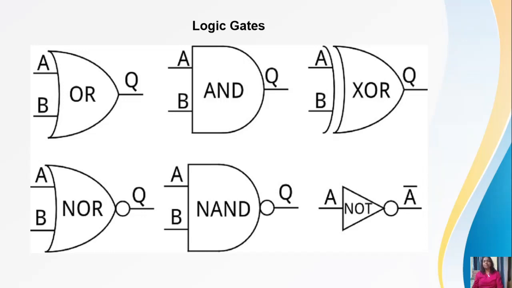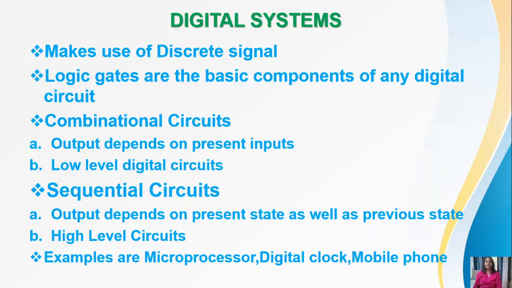Digital systems are broadly classified into two types: combinational circuits and sequential circuits. Combinational circuits are the circuits whose output depends on the present inputs in the form of 1 and 0. They do not have storage capacity.